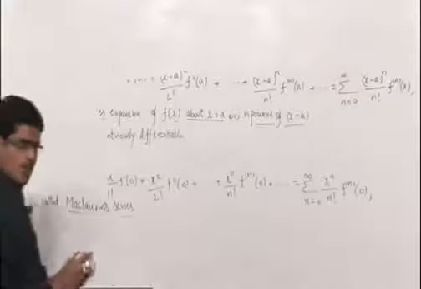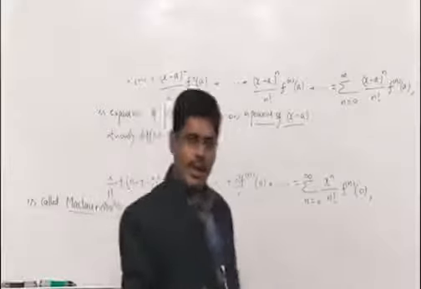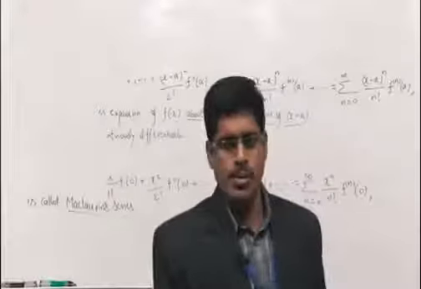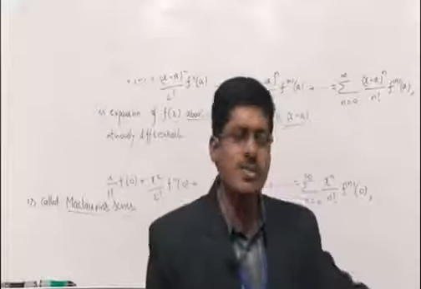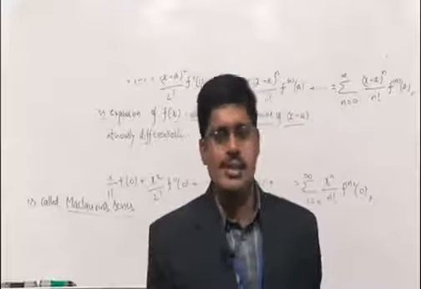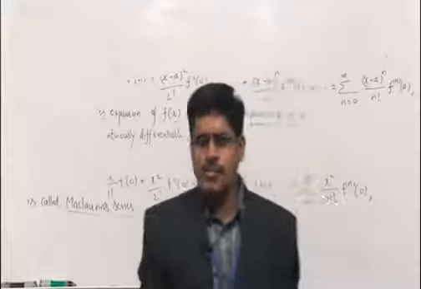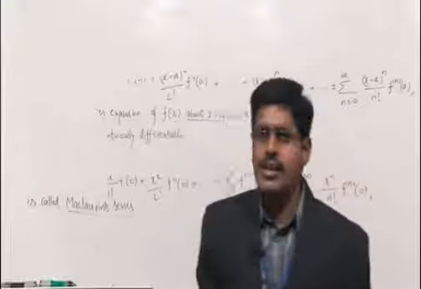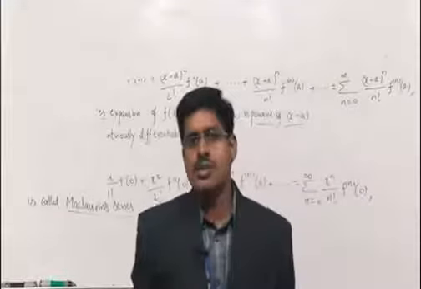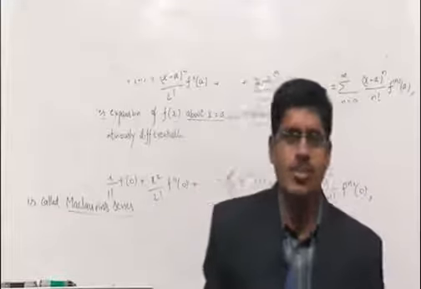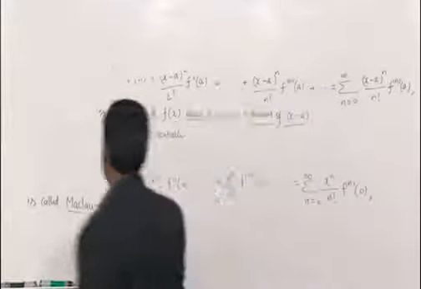Generally the questions coming in this topic are: find the Taylor series, either about some non-zero number or zero, or the question asks in powers of x or in powers of x minus 5 by 6, like that. The second way, find the third term, find the second term. The third way, find the coefficient of x minus a whole square, find the coefficient of x minus a whole cube, like that. Just observe.